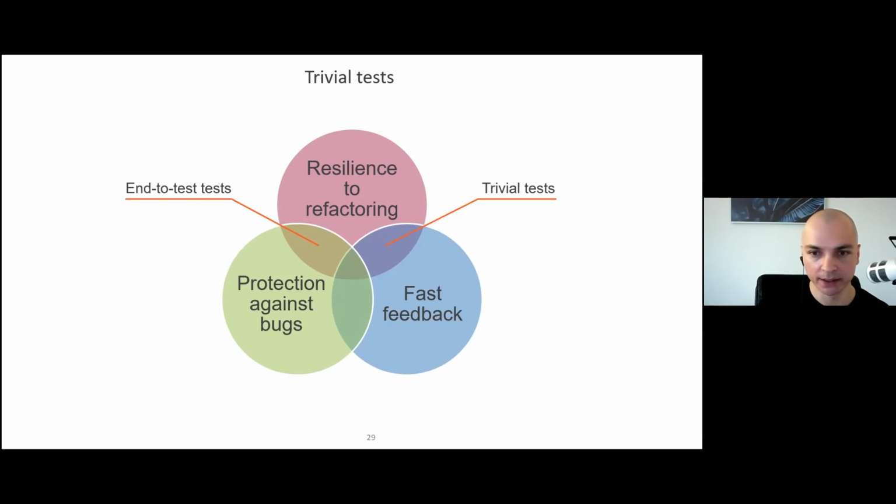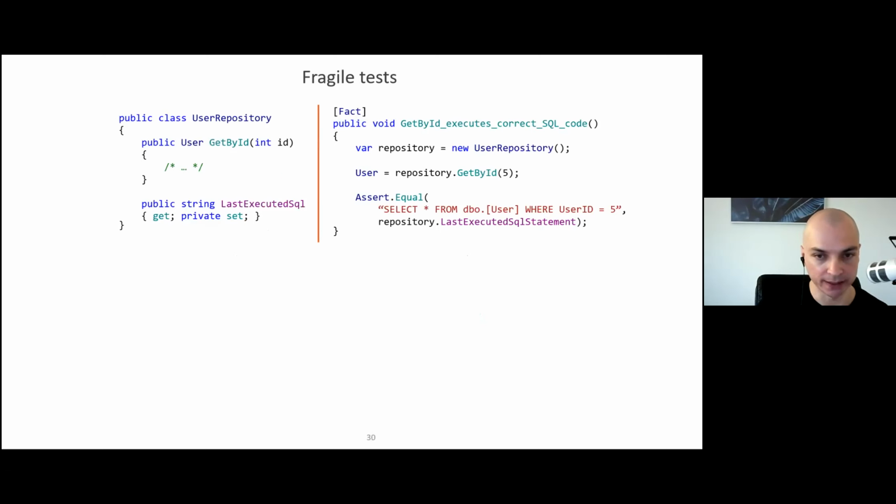And the third bucket here would be fragile tests. We already discussed an example of those fragile tests in the beginning, and that was when we checked the message render by checking the collection of subrenderers. And this is another example. Here on the left, we have a user repository that has some method for getting the user by the ID.